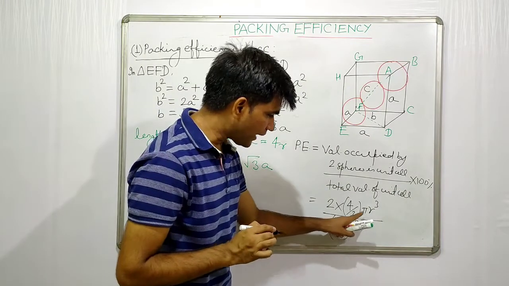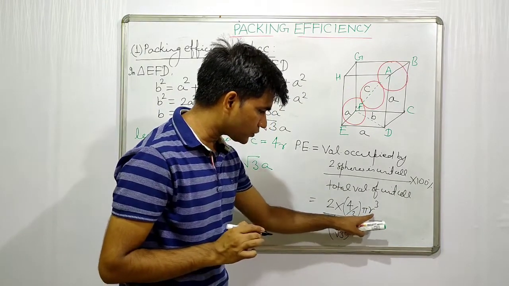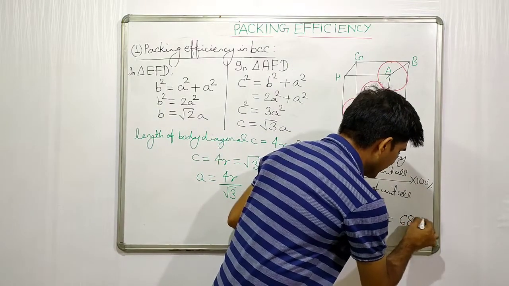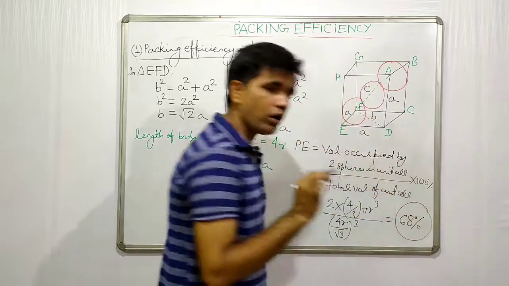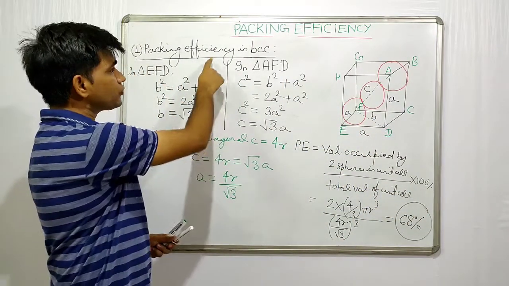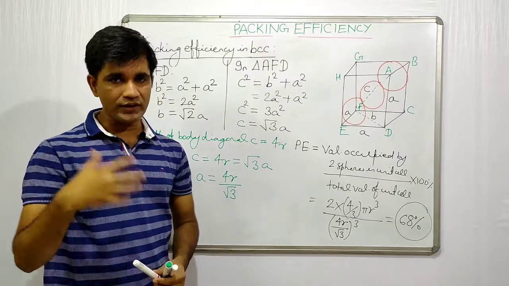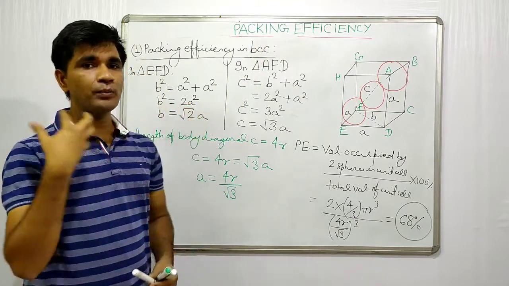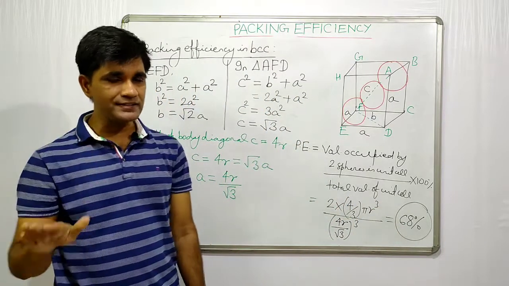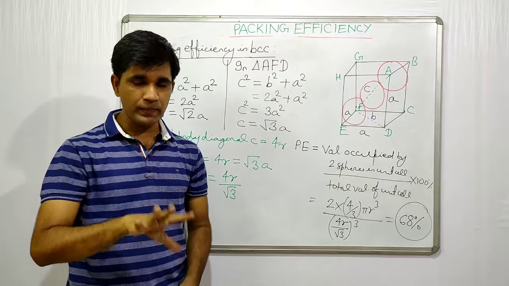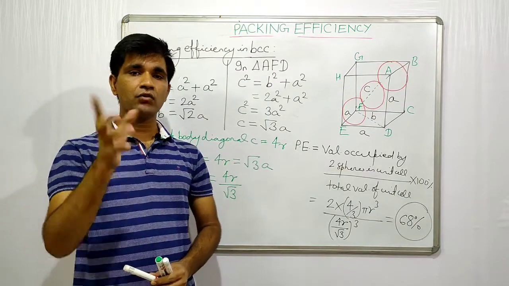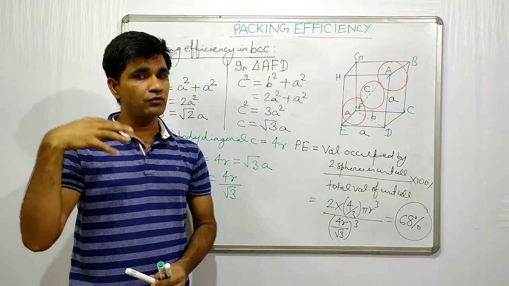Students, if you put the value of pi over here, because R cube will be cancelled, this value would be 68%, and it is always fixed. So the packing efficiency in case of body centered cubic unit cell or body centered cubic lattice is equal to 68%, which is somewhat less as compared to FCC. The reason is clear, because in FCC the number of constituent particles was 4, so the packing efficiency was more.